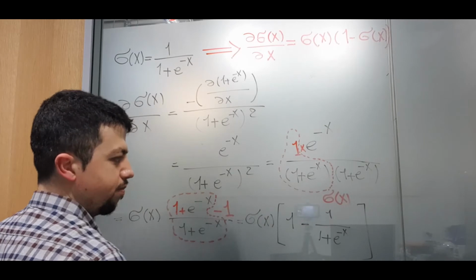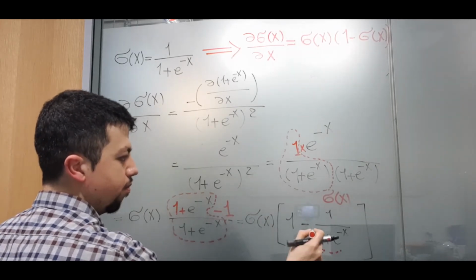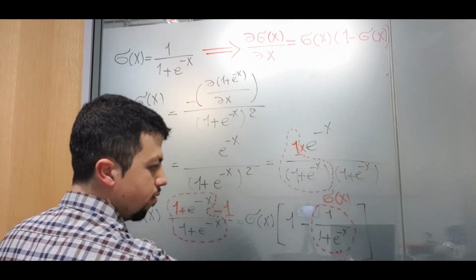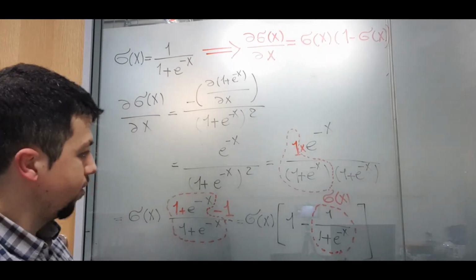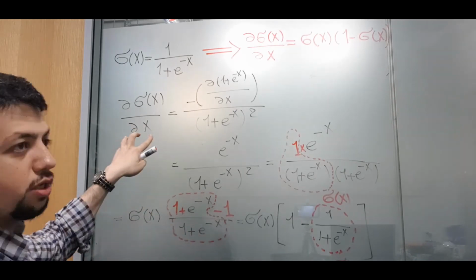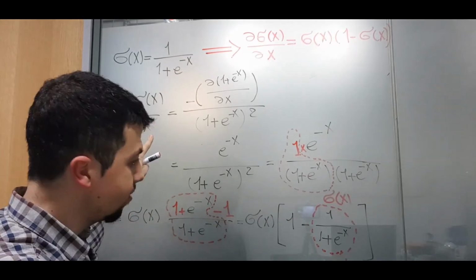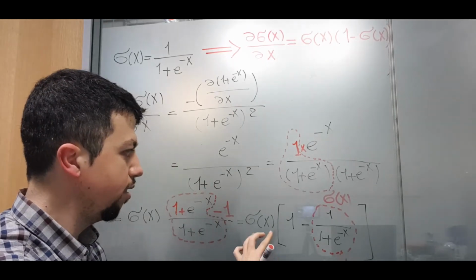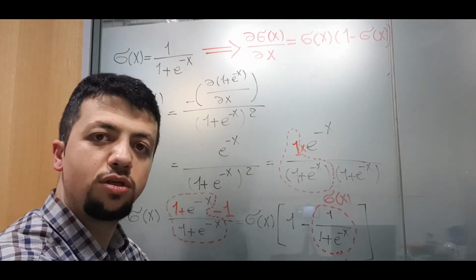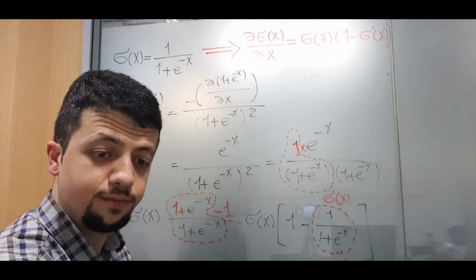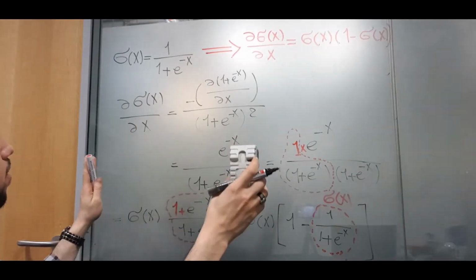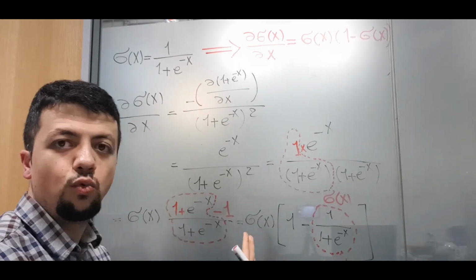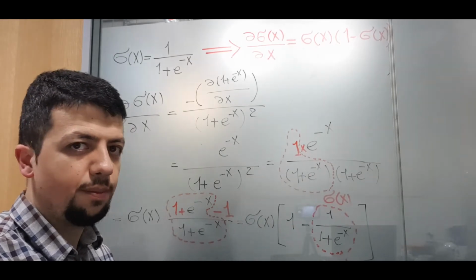And what is this? This is again sigmoid of x, isn't it? So basically you have the partial derivative of the sigmoid with respect to x is equal to the sigmoid itself multiplied by 1 minus sigmoid itself. So we proved that, okay? So that is the entire thing. So the main trick was adding 1 and subtracting 1 in the numerator.